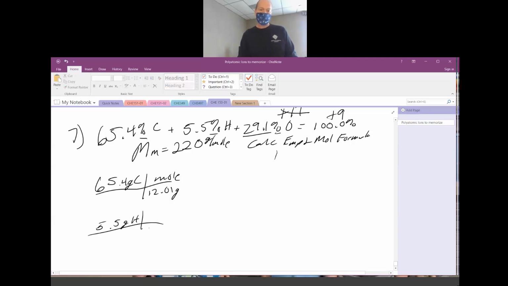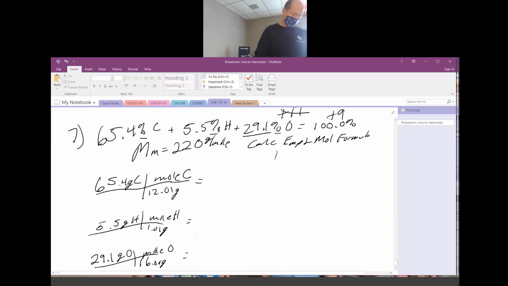Divide that by 1.01 grams per mole. This is your carbon, this is your hydrogen, and then in a 100-gram sample, you have 29.1 grams of oxygen, and the molar mass is 16.00 grams per mole O. So when you push the buttons, you have your 65.4 divided by 12.01, and that gives you, to 3 sig figs, 5.45.